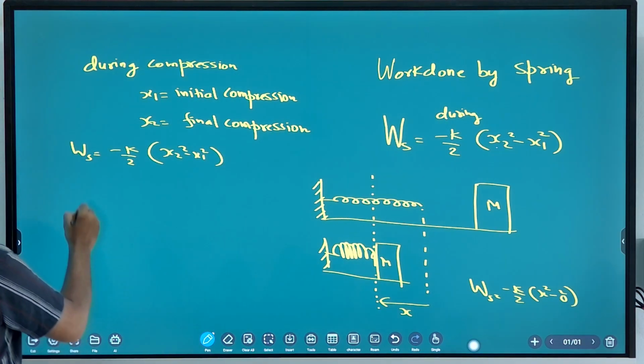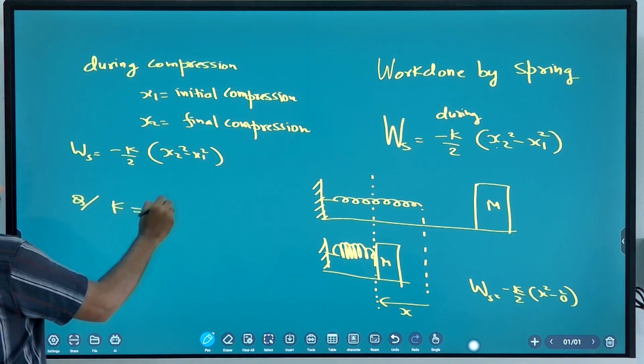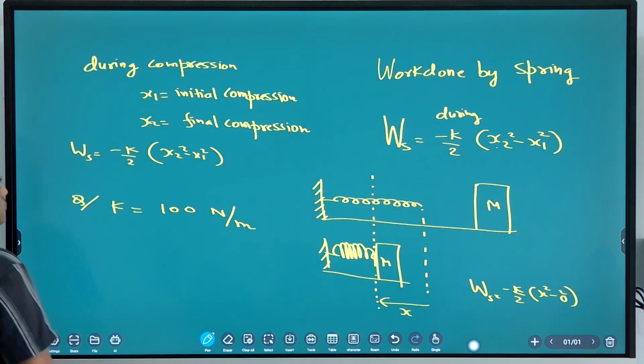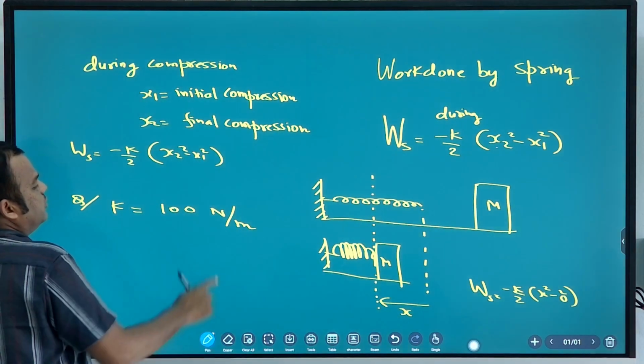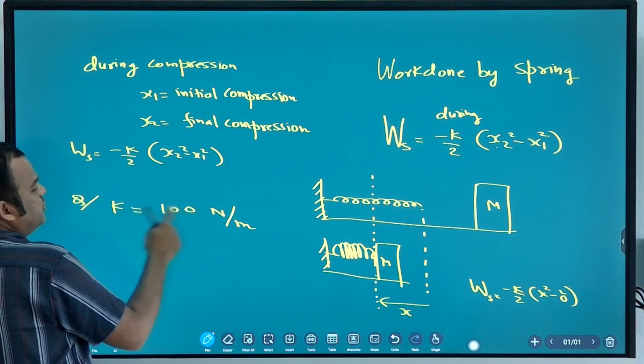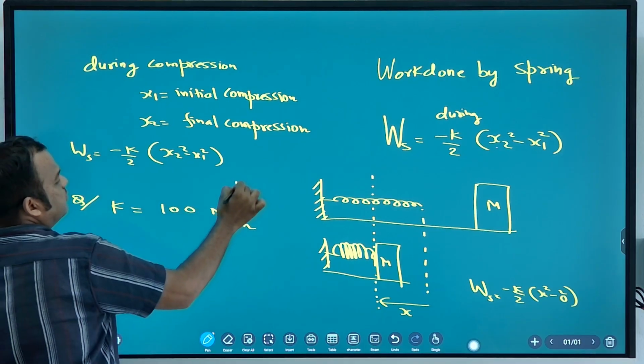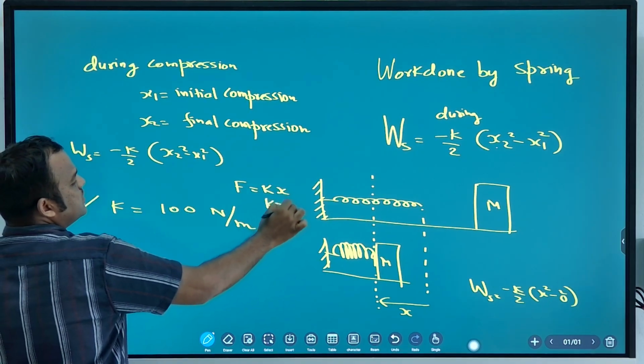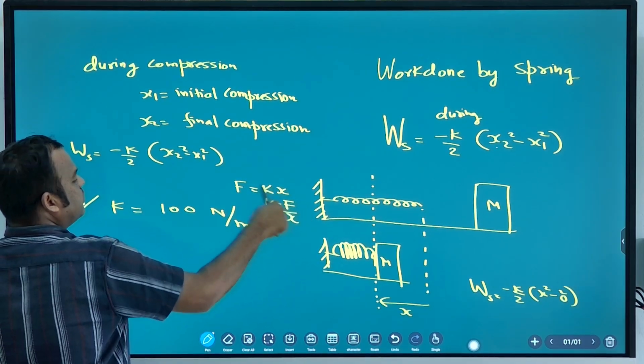So solve this question. Now K value I am giving 100 Newton per meter. This unit is clear. What is the unit of K? Newton per meter, because F is equal to Kx. So K is equal to F by x, Newton per meter. Okay, fine.